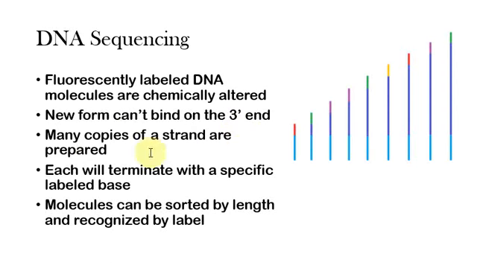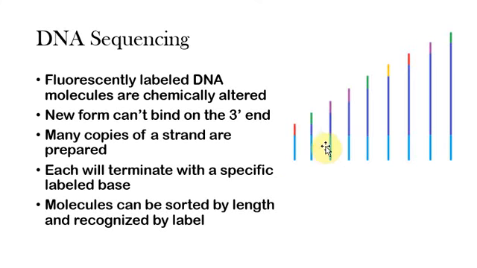First, they'll prepare many copies of the strand, but in the presence of these fluorescently labeled altered base pairs, so that each chain that's created will terminate with that specific labeled base. In this diagram, they're color-coded. You could have it labeled with fluorescence, so that under UV light each one will have a different wavelength. Or maybe they'll use radioactivity with differently distinguishable radioactive signatures.